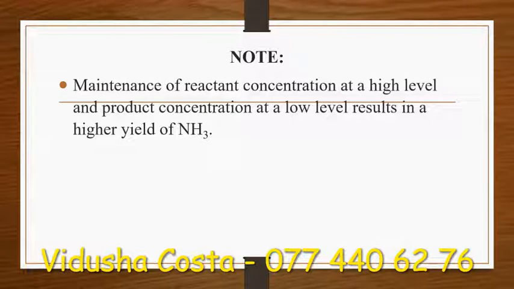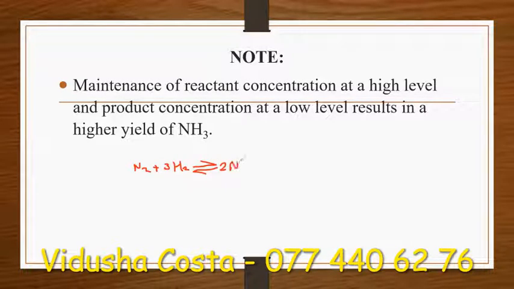And maintenance of reactant concentrations at a high level and product concentrations at a lower level results in high yield of ammonia. Remember that also. You have N2 reacting with H2 to give NH3 gas.